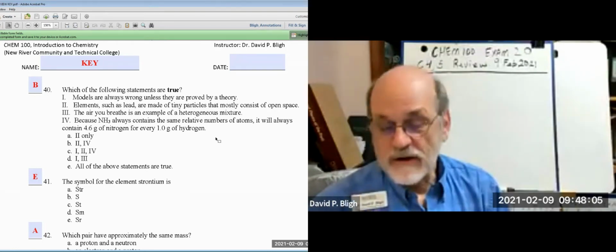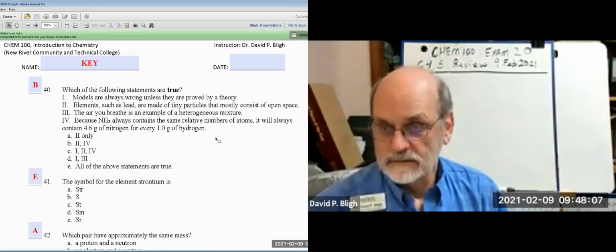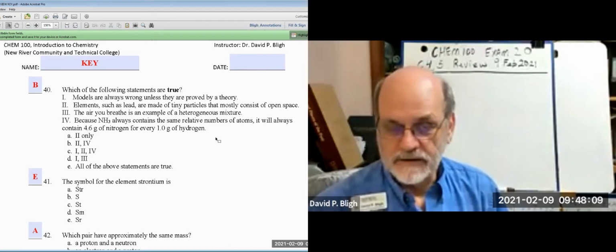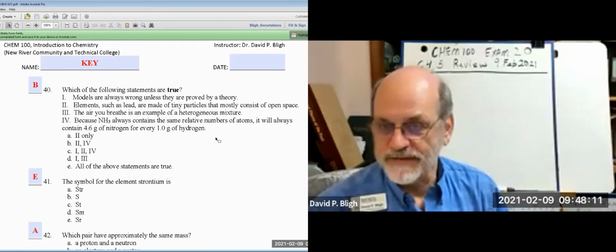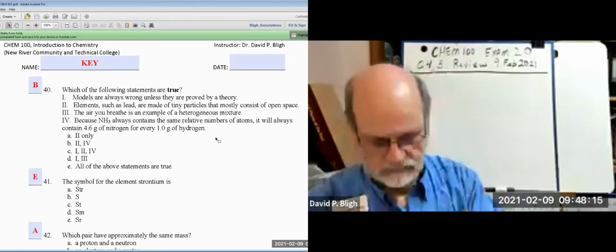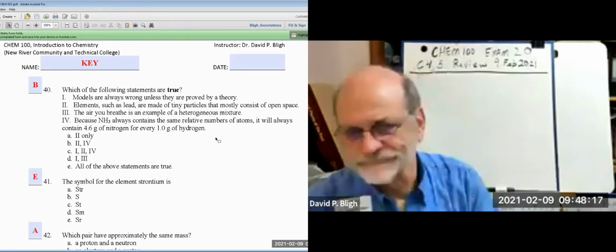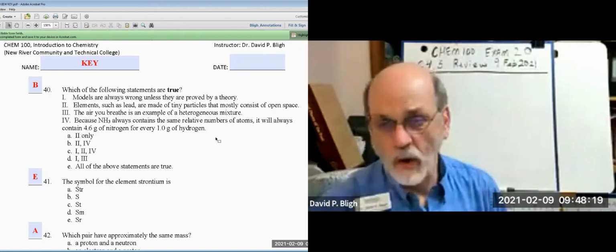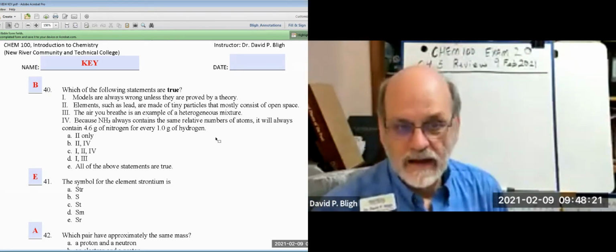So if a model is wrong, then the theory is wrong, right? It's not wrong unless you're proved by a theory. It doesn't work that way. They go hand in glove. So 1 is false. How about 2?